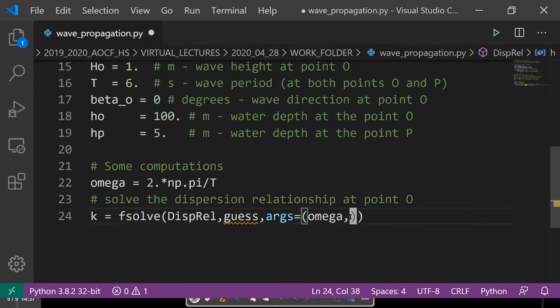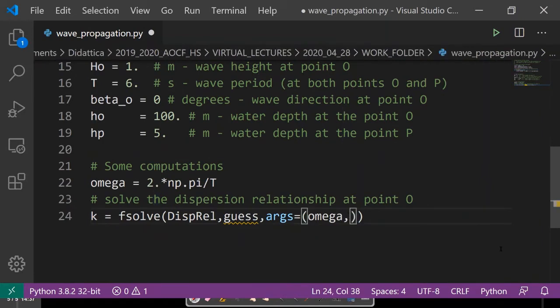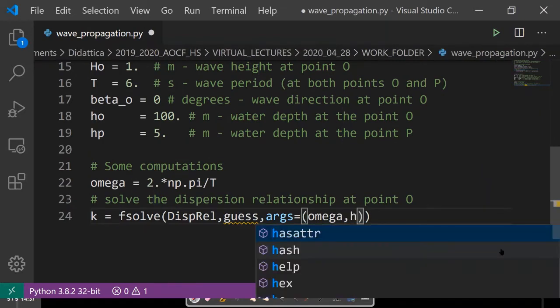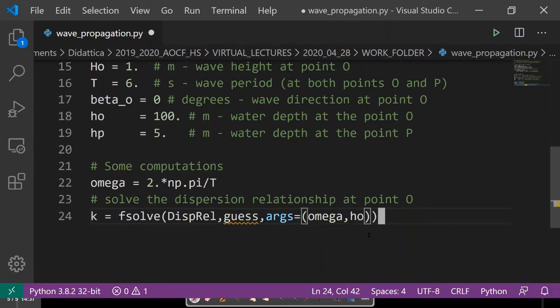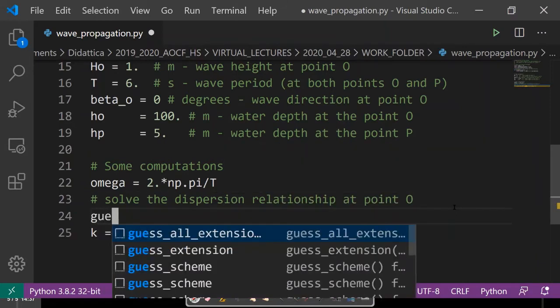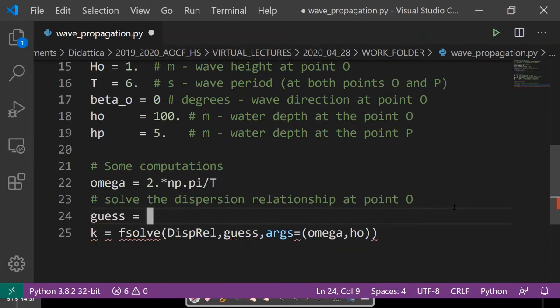In this case, the water depth at the offshore point is HO. As you can see, guess, the script does not know the value of the guess solution. Then we need to define here the guess solution.